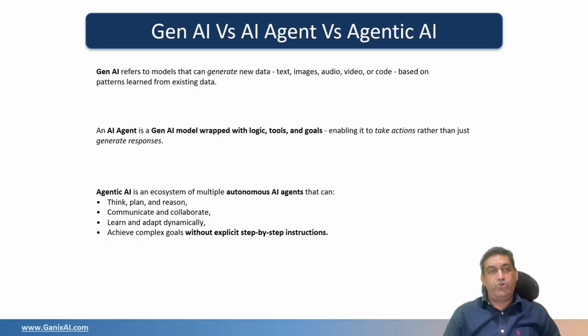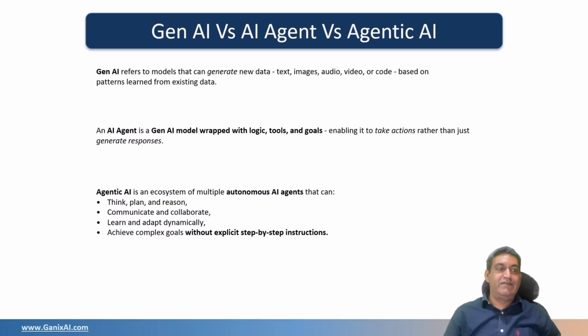To summarize, Gen AI is used to generate content. An AI agent executes tasks using some tools and accomplishes one task. Agentic AI is used for accomplishing multiple or complex tasks.